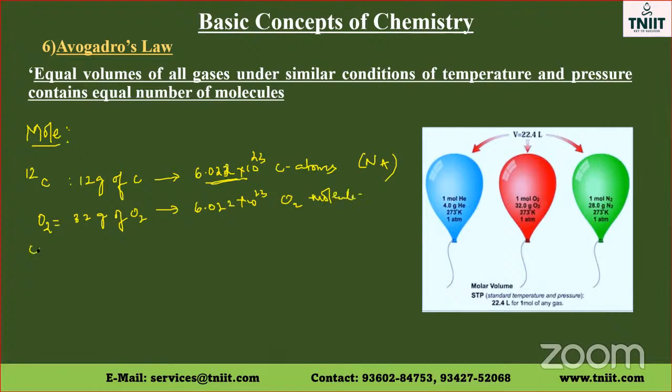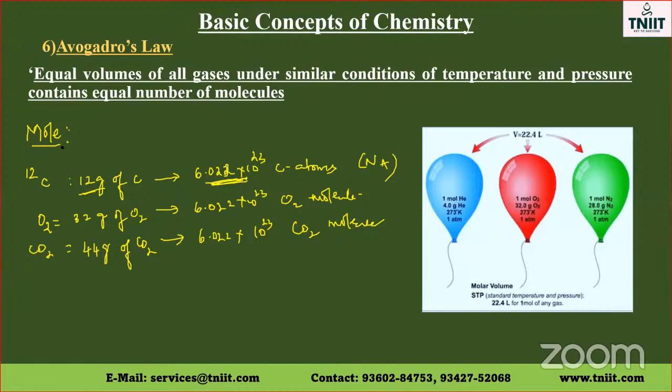Similarly, if you take carbon dioxide, it is a molecule. Carbon is 12, oxygen is 32. So totally the molecular mass is 44. 44 grams of carbon dioxide, if you weigh and find out the number of carbon dioxide molecules, will contain 6.022 into 10 to the power 23 carbon dioxide molecules. So a mole is defined as the weight of substance which contains Avogadro's number of particles. So 12 grams of carbon contains Avogadro's number, 6.022 into 10 to the power 23 carbon atoms.